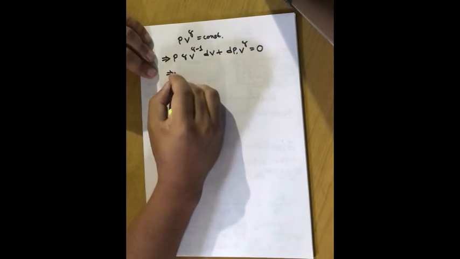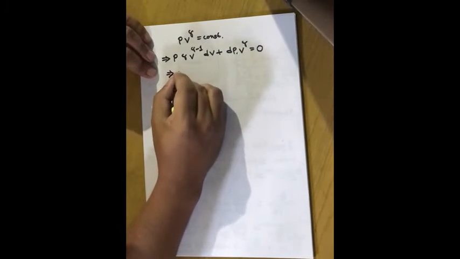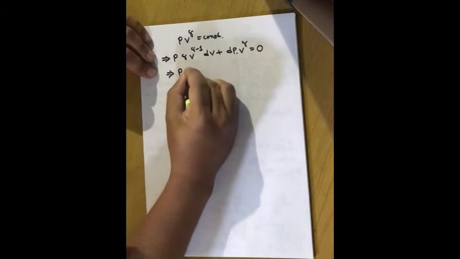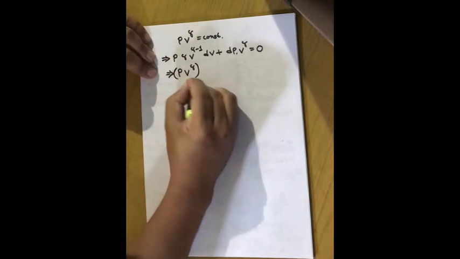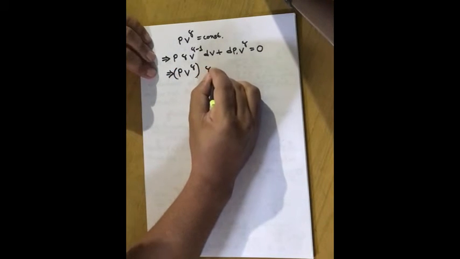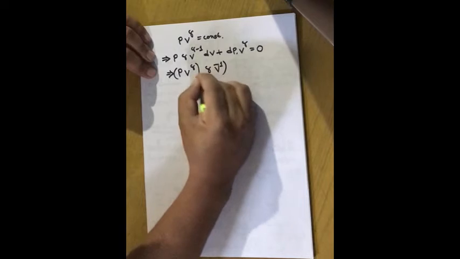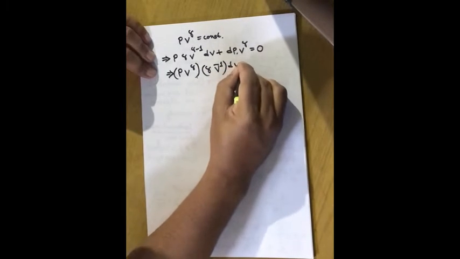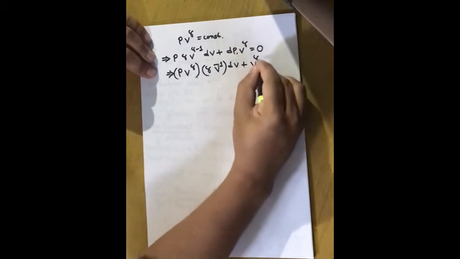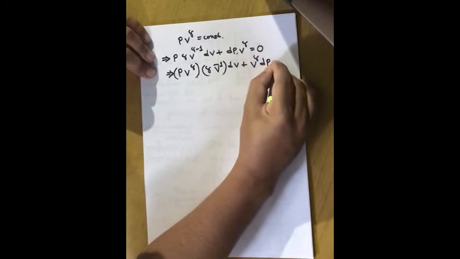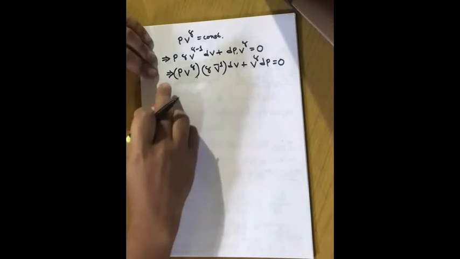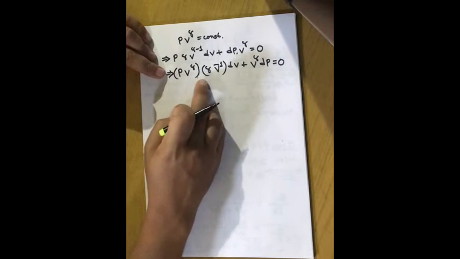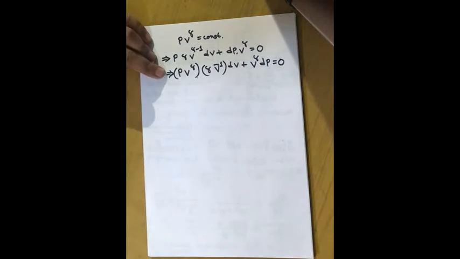So we can write P V to the power gamma into gamma V to the power minus 1 into dV plus V to the power gamma dP is equal to 0.